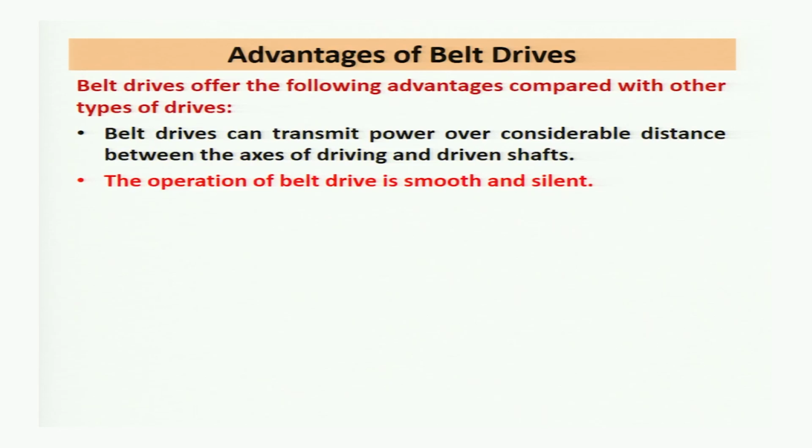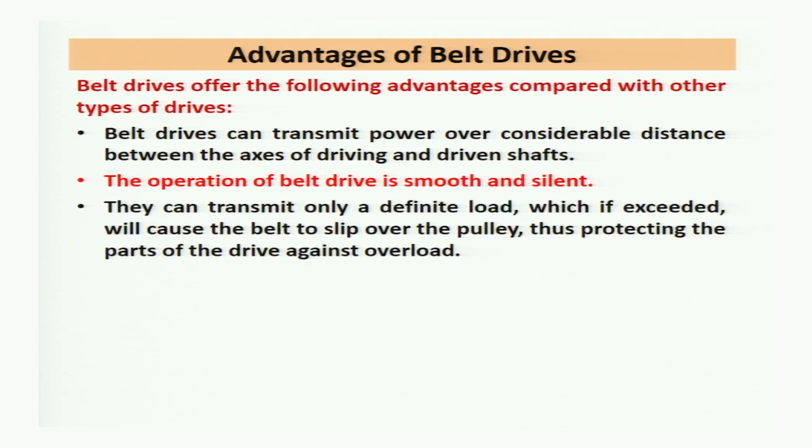The operation of belt drive is smooth and silent because there is no metal to metal contact. They can transmit only a definite load which, if exceeded, will cause the belt to slip over the pulley, thus protecting the parts of the drive against overload.